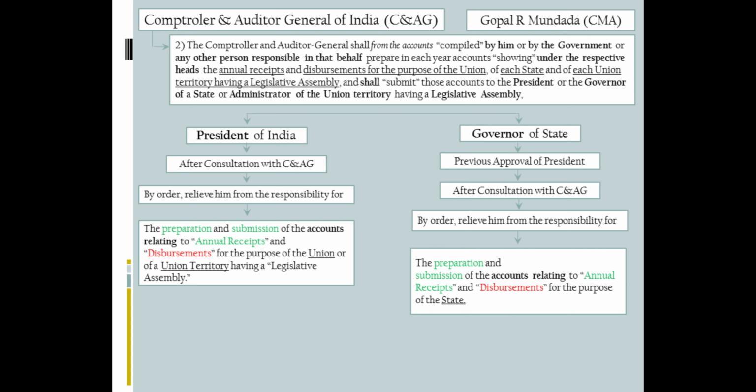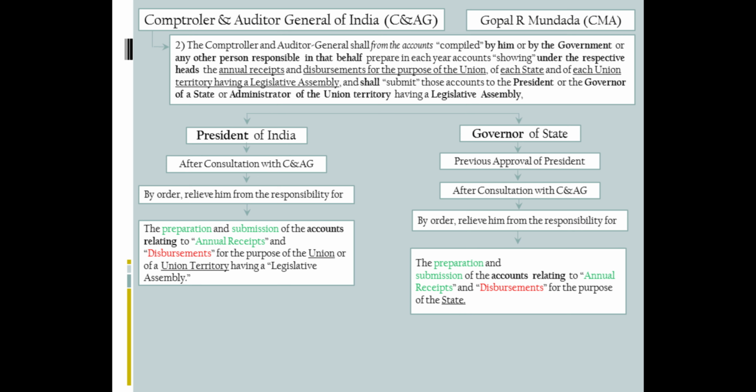So while this allocation of work is done by the president, in such a case the president requires the prior approval of the C&AG, and after consultation with the C&AG in this regard, the president of India relieves the C&AG from the preparation and submission of the accounts relating to the annual receipts and disbursements for the purpose of the union or union territory having a legislative assembly. So guys, next is the governor of the state.